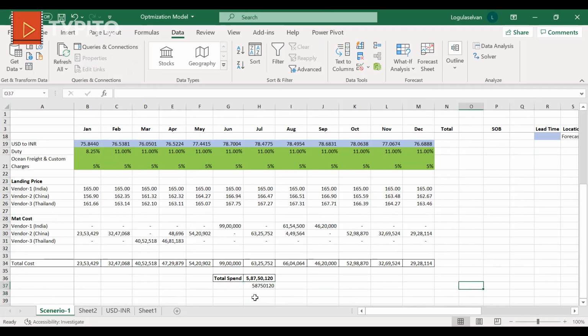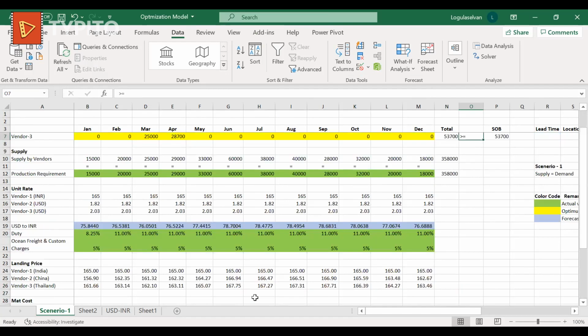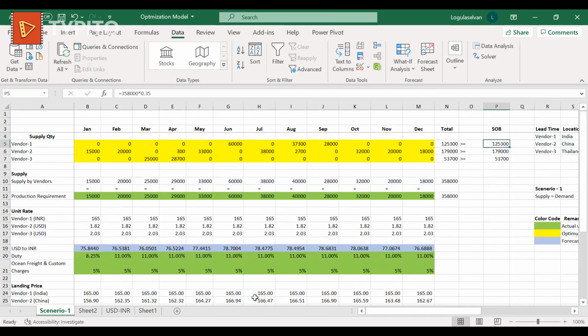Now we will show you how to make use of this tool further. In case I'm considering 50% of the business to China, which I want to reduce to 25% only, I'm just going to check whether this is going to give me any benefit.